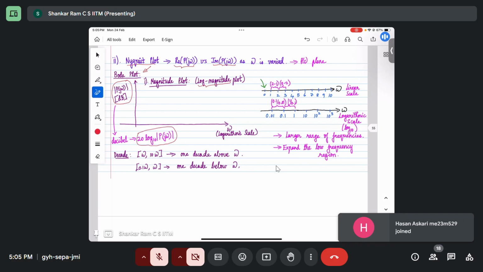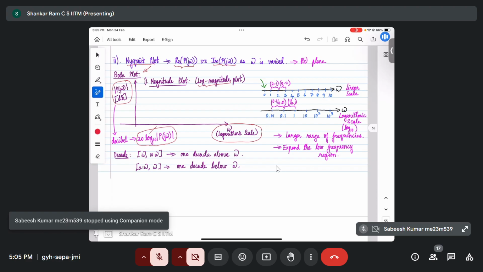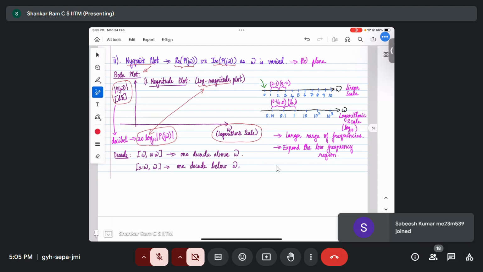Okay, so that's the definition of the decibel metric. And we plot the frequency omega on the x-axis using a logarithmic scale. Okay, so now I hope it's clear why we call it a log magnitude plot, because we are taking the logarithm of the magnitude of the sinusoidal transfer function.